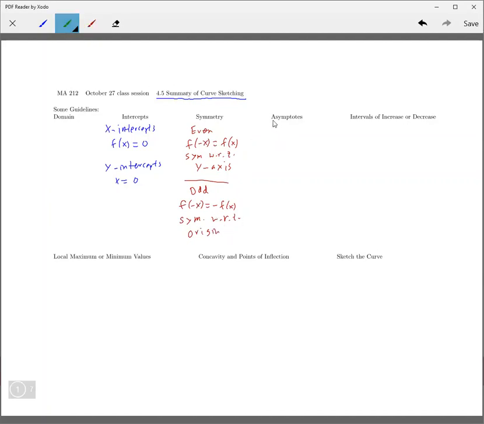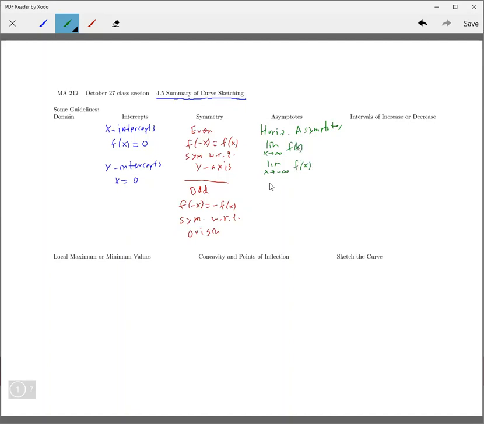The next one is asymptotes. You have horizontal asymptotes. To find those, you take the limit as x approaches infinity, or the limit as x approaches negative infinity, so you could have two different horizontal asymptotes.